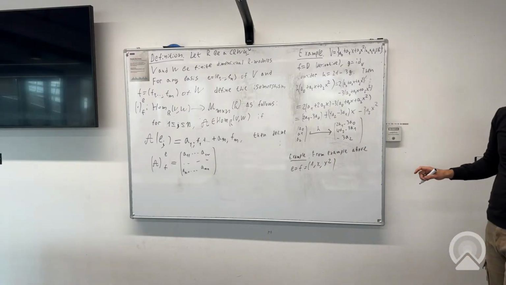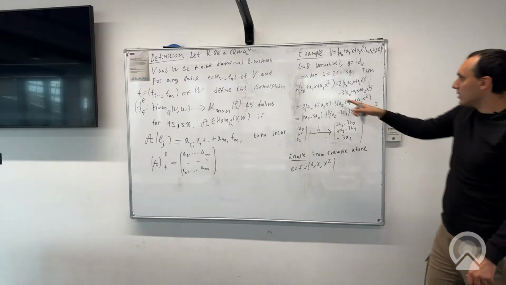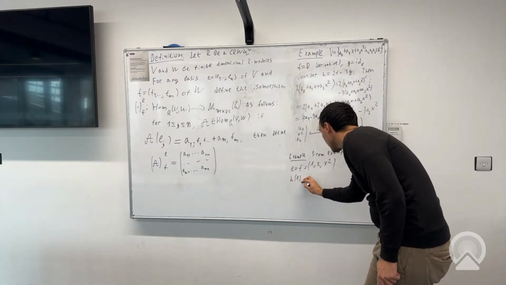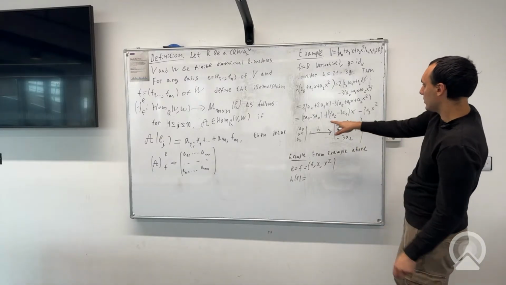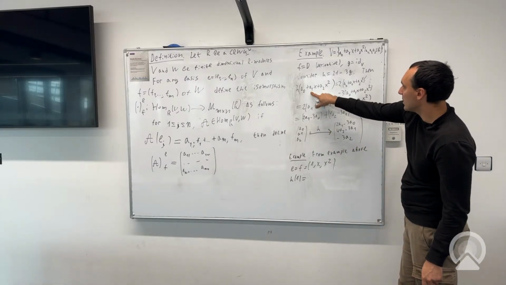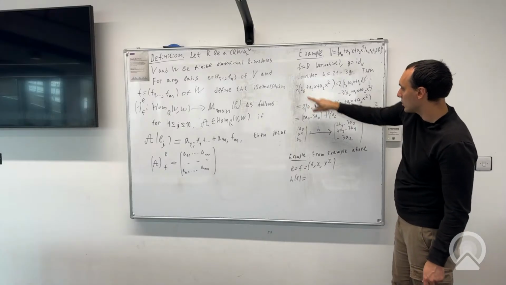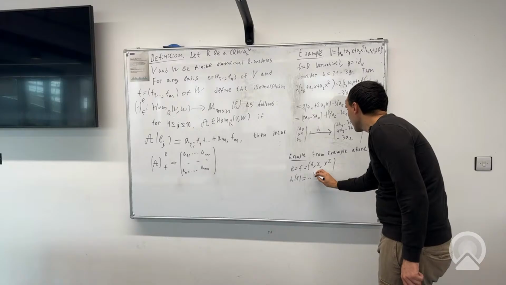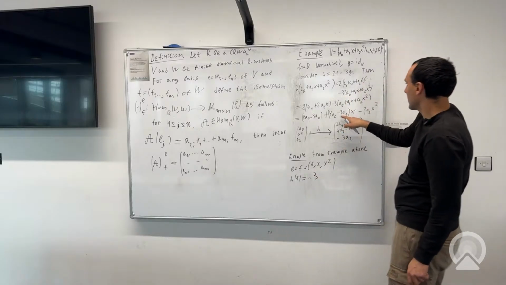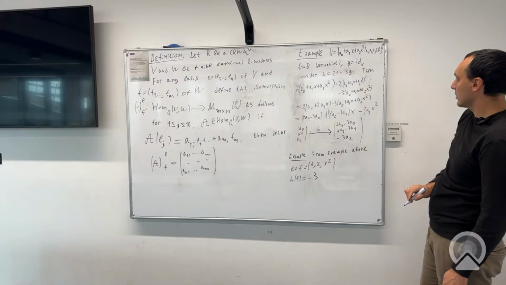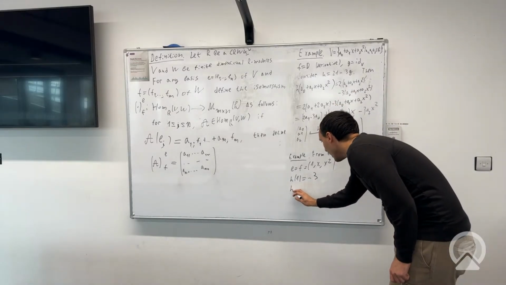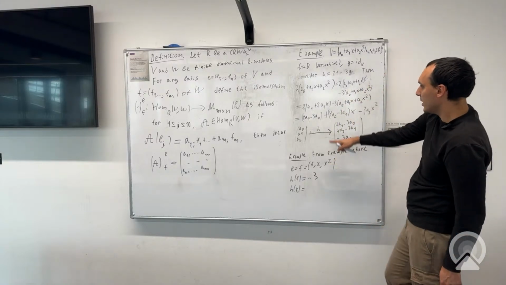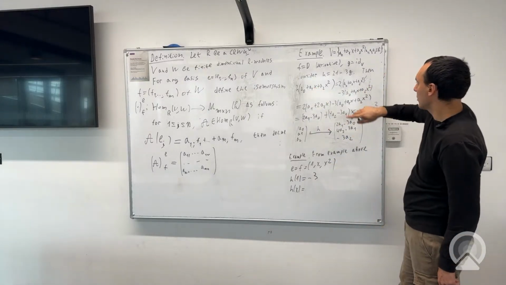And I see where anything goes. So H of 1 means that a1 and a2 are 0 and a0 is 1. So we get minus 3. H of x means that a1 equals 1 and the other two are 0.